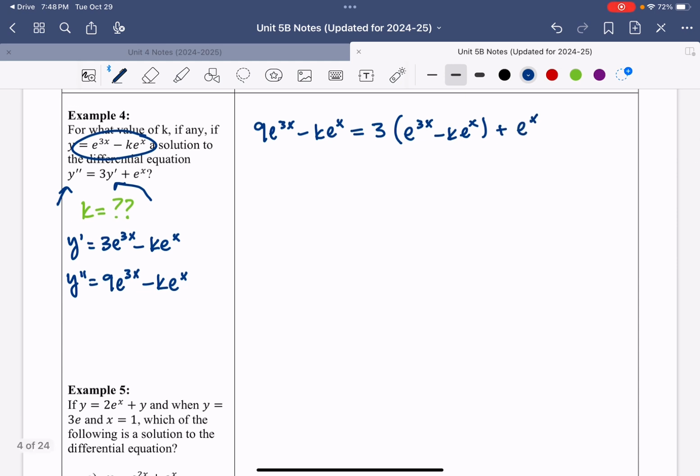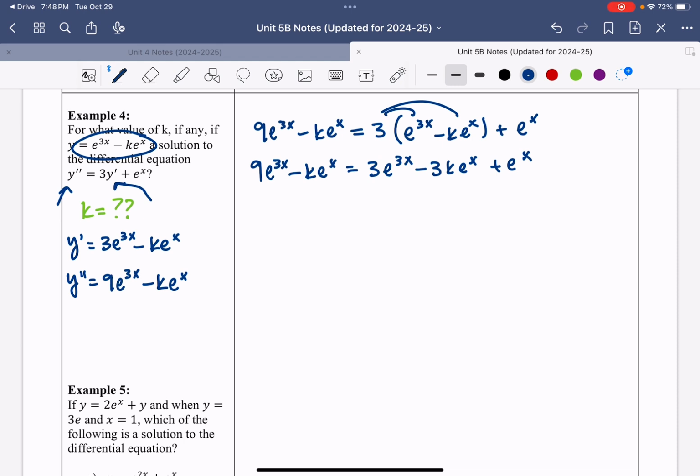All right, so in this case, our goal is to get k by itself. Let's start combining some like terms. So I'm going to distribute this through. So I have 9e to the 3x minus k e to the x equals 3e to the 3x minus 3k e to the x plus e to the x.